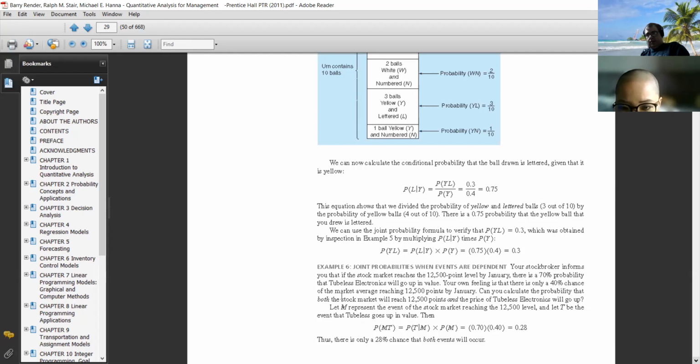Your own feeling is that there's only a 40% chance of the market reaching 12,500 points by January. Can you calculate the probability that both the stock market will reach 12,500 points and the price of Tubeless Electronics will go up? If you try to understand this question, we have been given the probability of the Tubeless Electronics company and the probability of the market also.